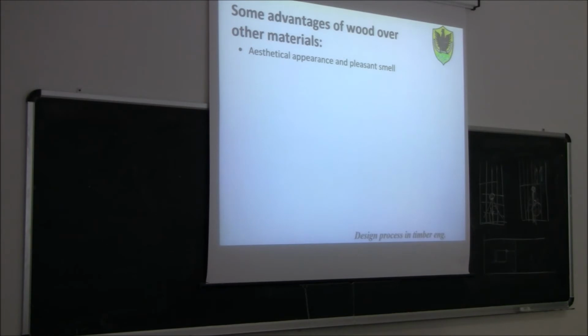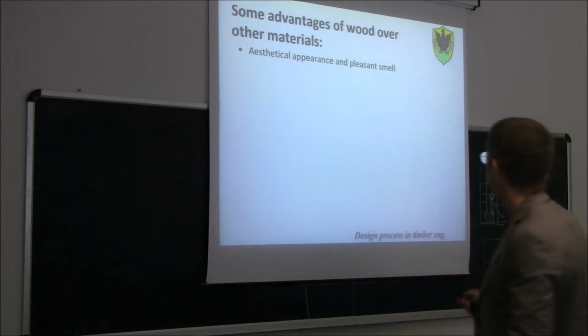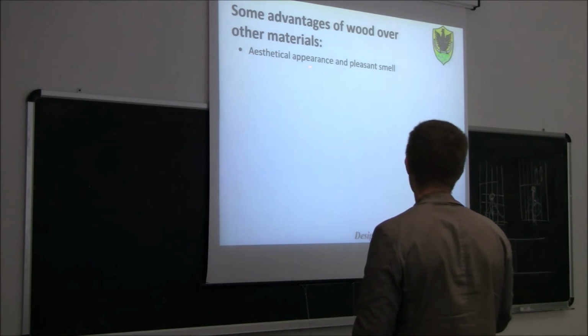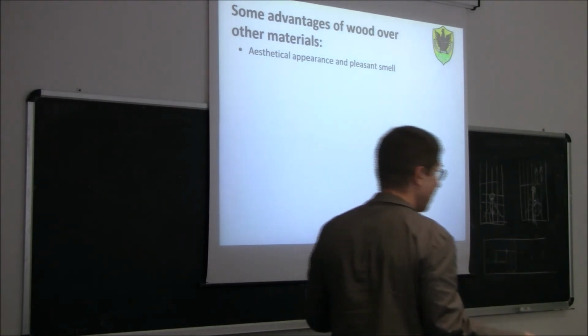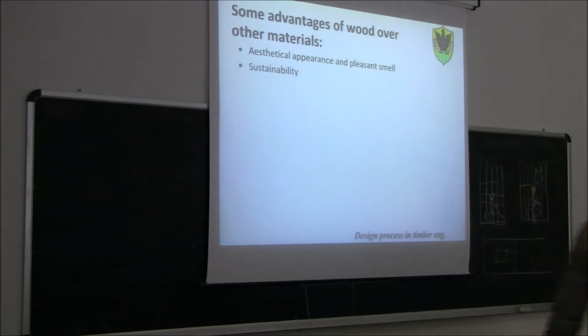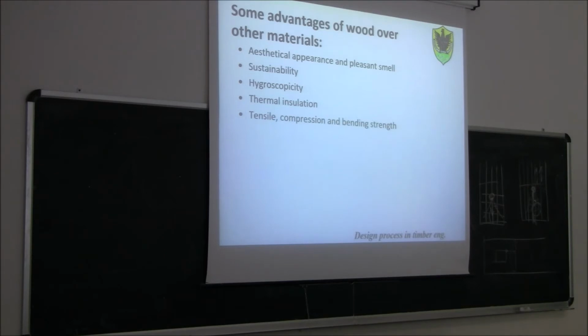Let's now have a look at what we can regard as advantages of wood over other materials. So, first advantage, aesthetical appearance and pleasant smell. Second advantage, sustainability, hygroscopicity, thermal insulation, tensile, compression and bending strength, high strength to weight ratio, and speed of erection.